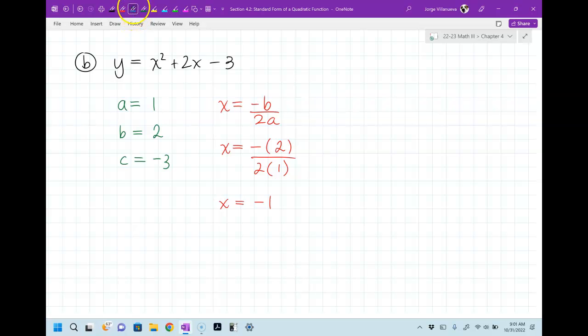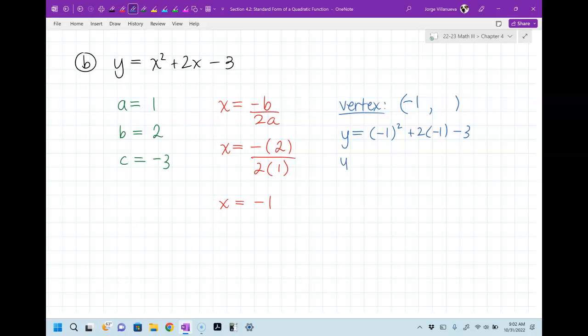Next, find your vertex. Now your vertex is a point. We already know the x value. Oops, -1, sorry. We know it's a -1. So now I just got to plug it into my equation and figure out what the y value is. So y is equal to -1 squared plus 2 times -1 minus 3.